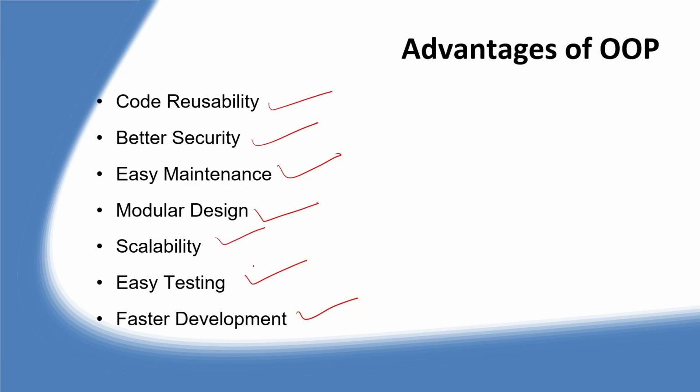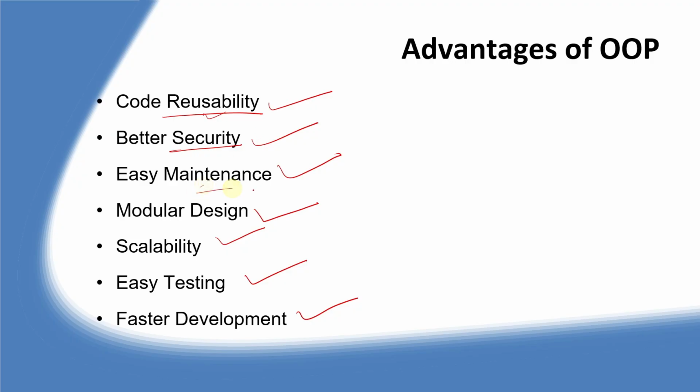Moving forward, when we write the code, you will understand that reusability is achieved by inheritance. You remember the father and grandfather concept. We don't need to redefine the properties and behaviors. They come automatically from the parent class. That's how reusability works. Better security comes with the concept of abstraction.